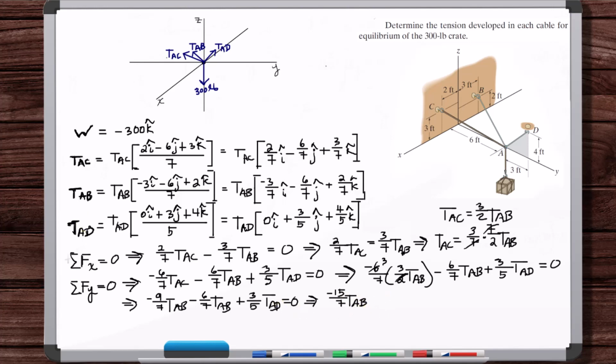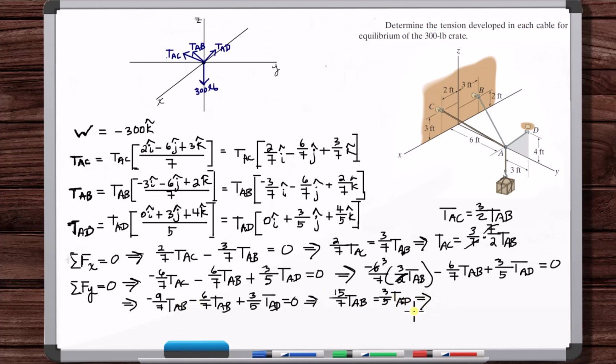And so now, this is minus 15/7. So we can bring the minus 15/7 over and get this equality.